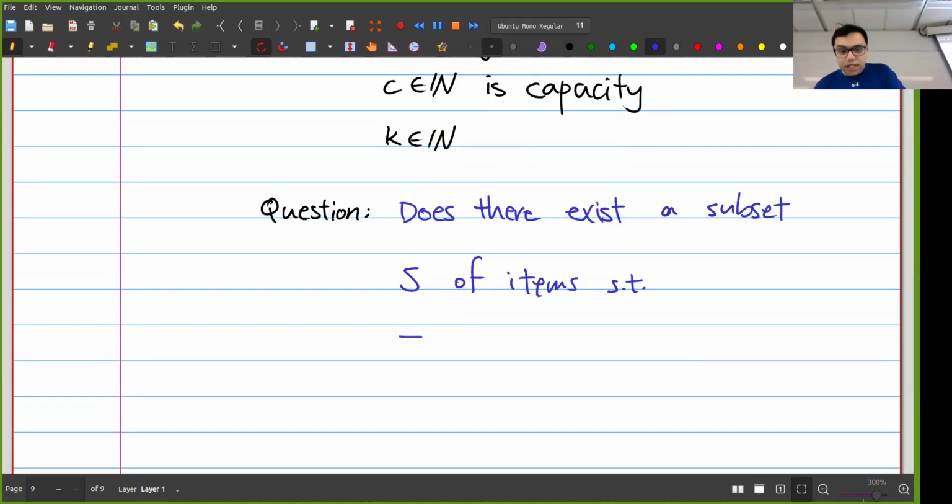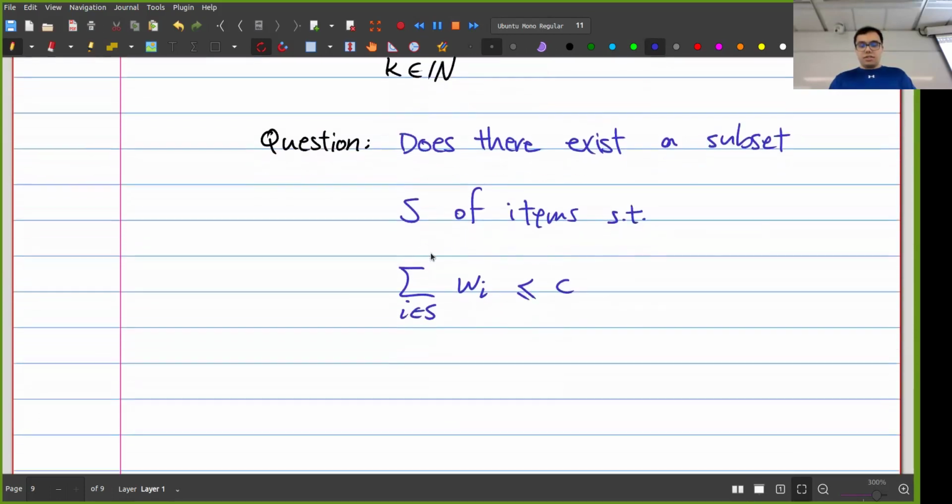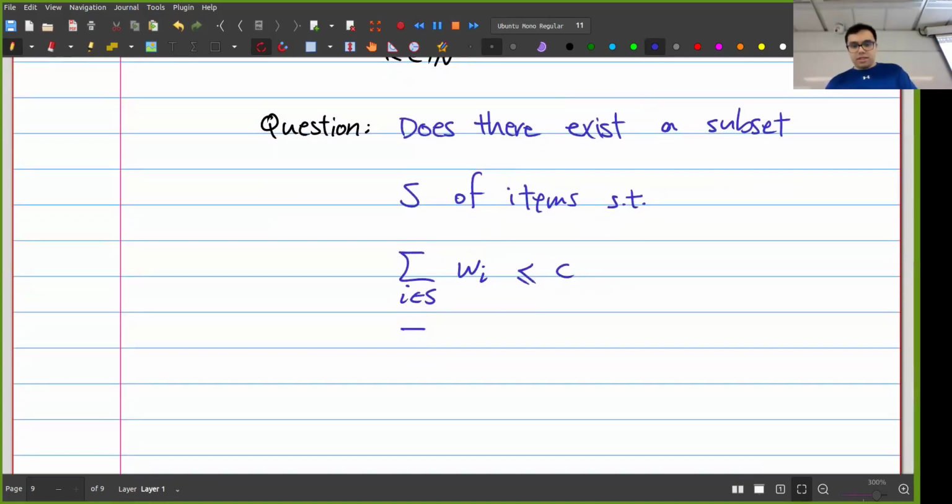So I want to say that the sum over all items that are selected of their weight should be less than or equal to the capacity of my knapsack. And I want to say that they have the maximum possible value, but I've turned this into a decision problem. So I just want to say that their value is more than K. Okay, so the sum of I in S of VI is greater than or equal to K.